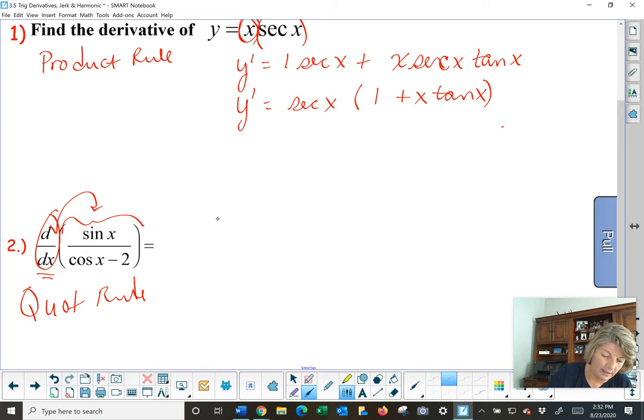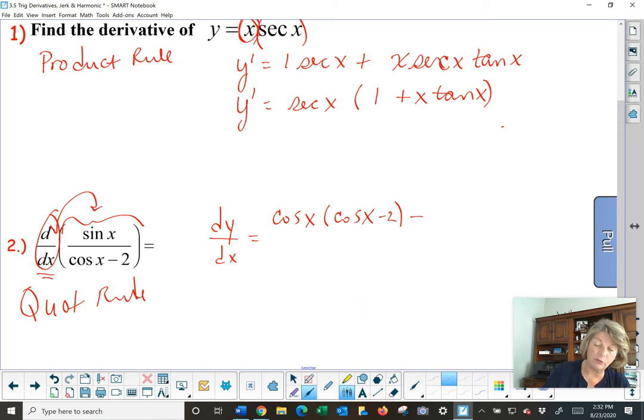So you could write dy dx equals, that would be appropriate. You could have written y prime equals, you could go f prime, just something that shows this is a derivative. Derivative of sine is cosine x times cosine x minus 2.